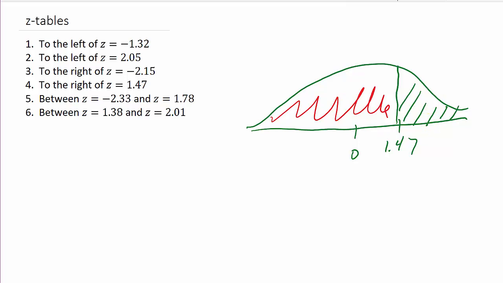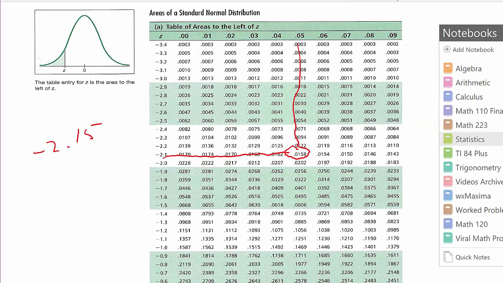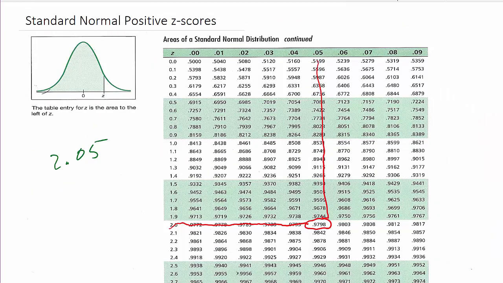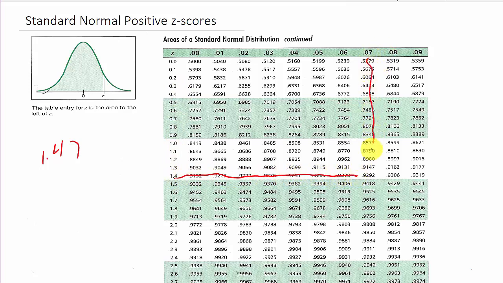So we've got 1.47 that we're looking for. Let's go to the positive. We come down to 1.4 and we go across till we get to the second decimal place, 7. Okay, so 0.9292.